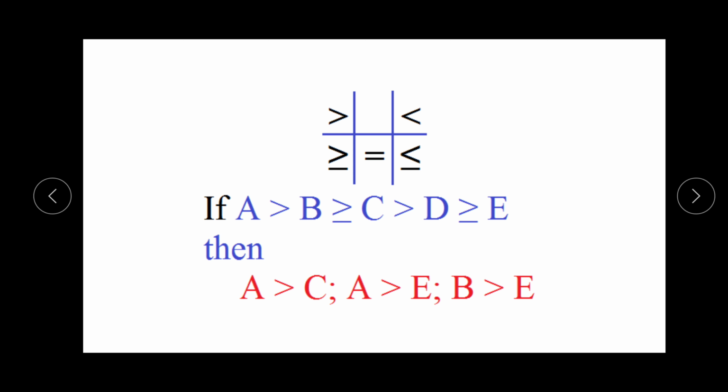We have said earlier that this is the strong half and this is the weak half. If this is the strong half and this is the weak half, which one will follow? The strong half inequality will always follow.